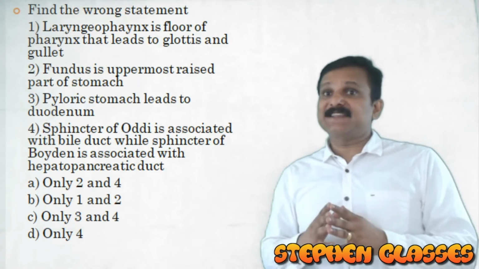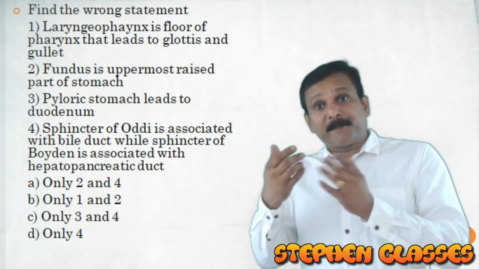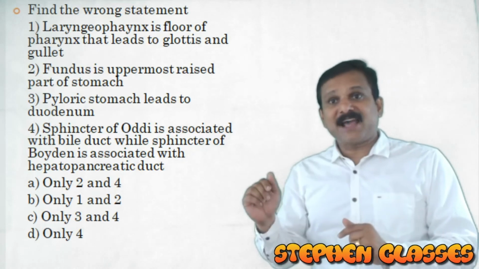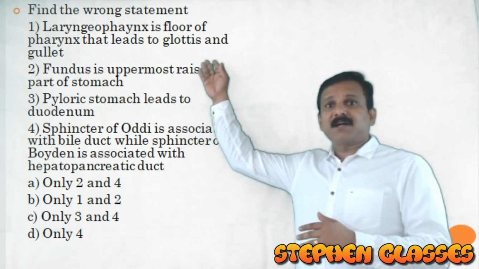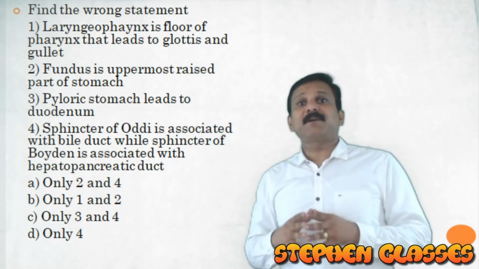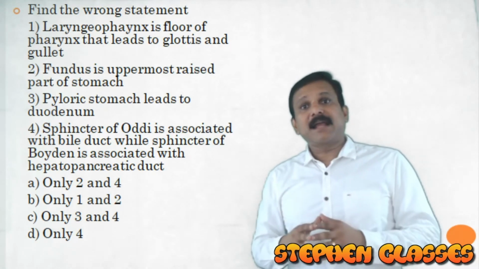Oropharynx is the region where the oral cavity opens into the pharynx. So oropharynx, nasopharynx, laryngopharynx, three portions are there. So this statement is true here. Laryngopharynx is in the floor of the pharynx region and it leads to the glottis and gullet.